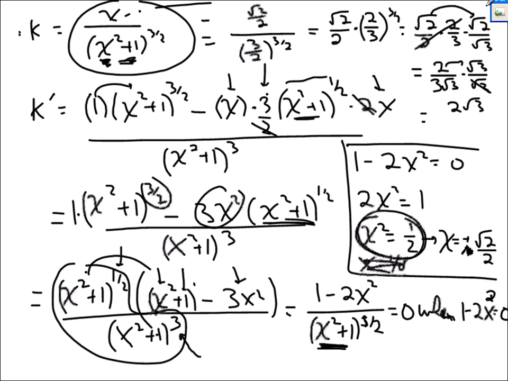At the bottom, square root of 3 times 3 is 9. Times another 3 is 18. Then you get square root of 3 over the number 9. Square root of 3 over 9. That will be the max.